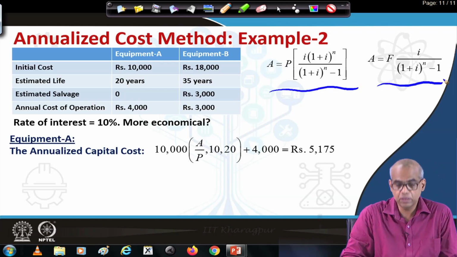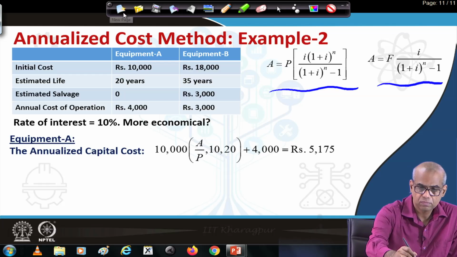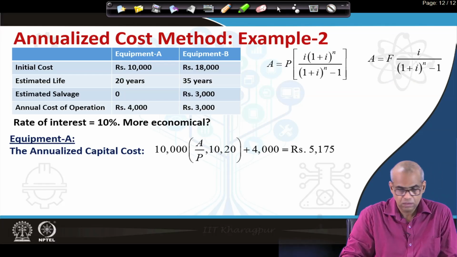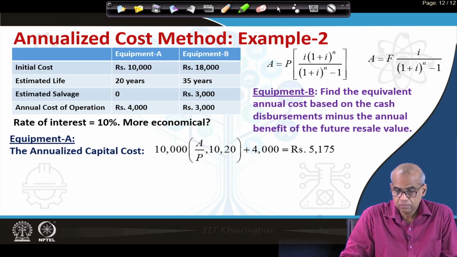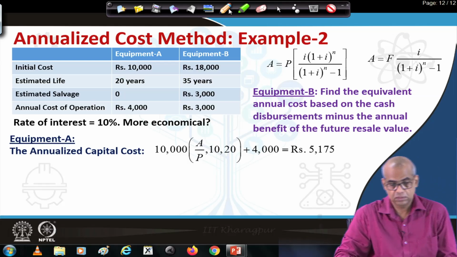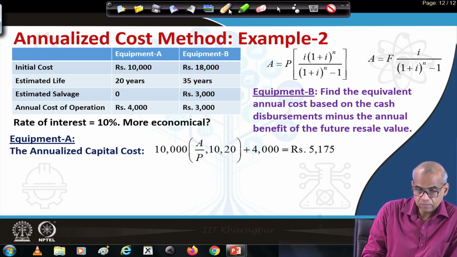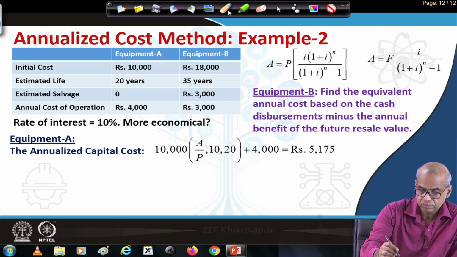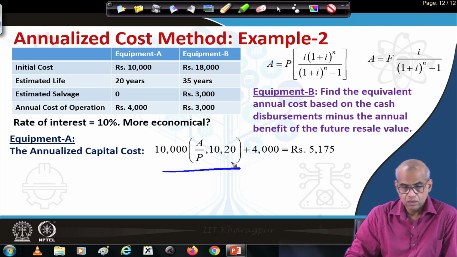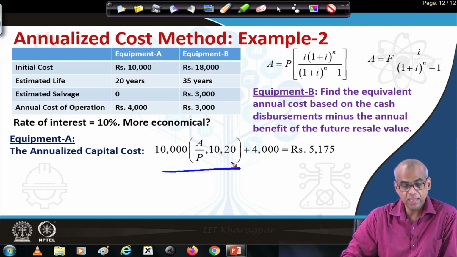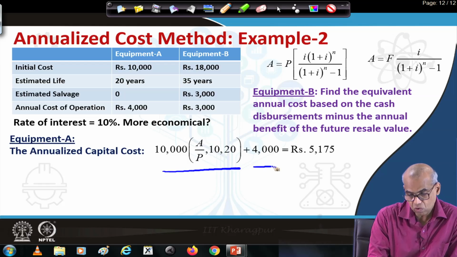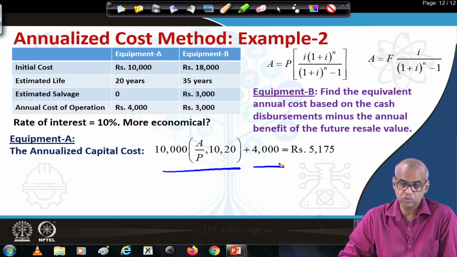These are the two formulas that will be used here. So, annualized capital cost for equipment A is obtained by annualizing the rupees 10,000 first over a period of 20 years with interest rate of 10%, and then you add annual operating cost, which is annual charge only of rupees 4,000. So, I get rupees 5,175.